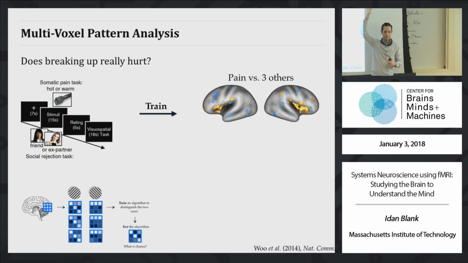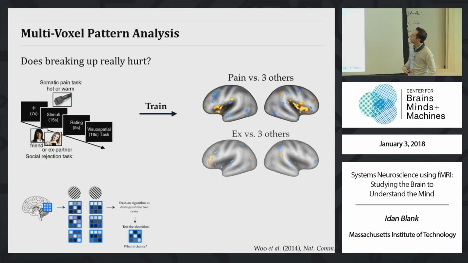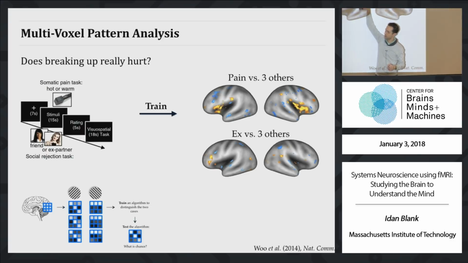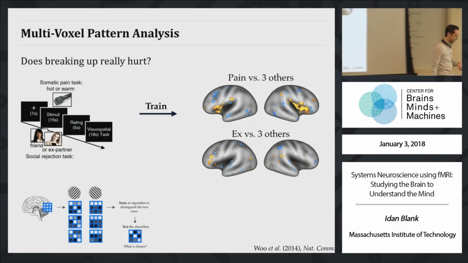All right? Yes, no? OK. And you do the same for X versus everything else. So what regions of the brain, and they're shown in color, respond to the X condition differently from the other three in a way that allows me to learn how to classify or identify these.